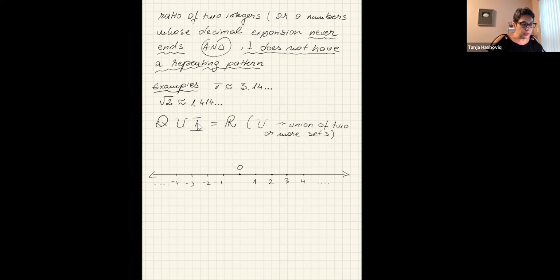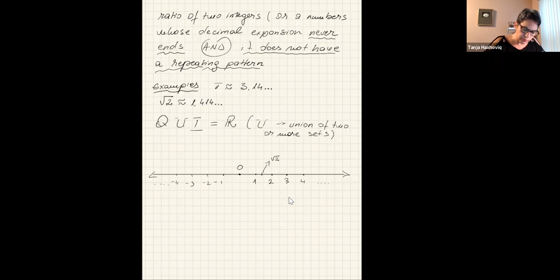So in between any two integers, there are infinitely many real numbers, rational and irrational. For example, somewhere between 1 and 2 lies, let's say, the square root of 2. Somewhere here, you have the square root of 2.